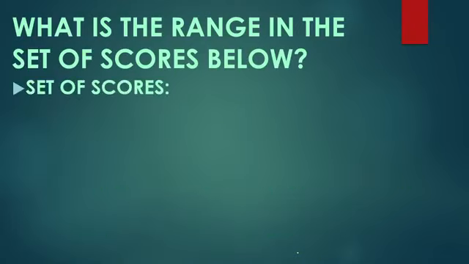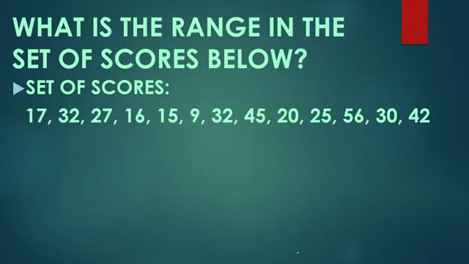Let's have another example. We have here another set of scores. You have there 17, 32, 27, 16, 15, 9, 32, 45, 20, 25, 56, 30, and 42. What is the highest score? 56. What is the lowest score? 9.